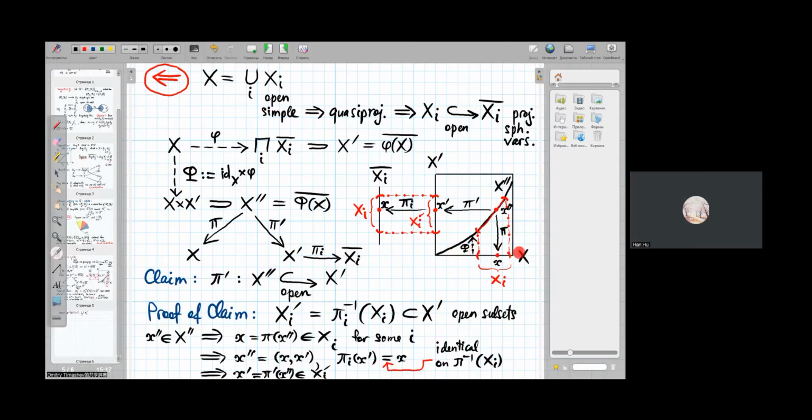It can extend to the whole xi since it is locally the open embedding, right? Well, I mean exactly what I claim. I mean that this map pi prime embeds x double prime in x prime as an open subset, and the image of this map will be exactly the union of these xi primes.